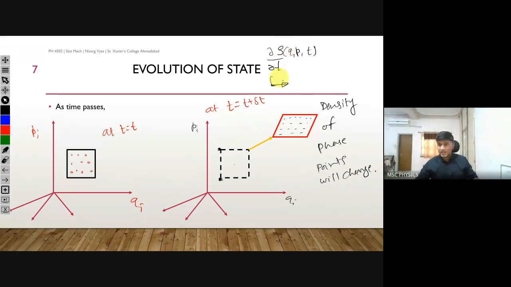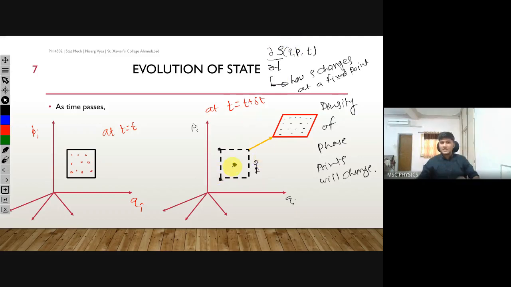This number tells you how rho changes at a fixed point. So if you are just standing on this point, let's say you are an alien, you are Ant-Man, and you can shrink your size to the atomic level, and you are sitting at this point and watching how the density is changing at this point, then it is given by this number.